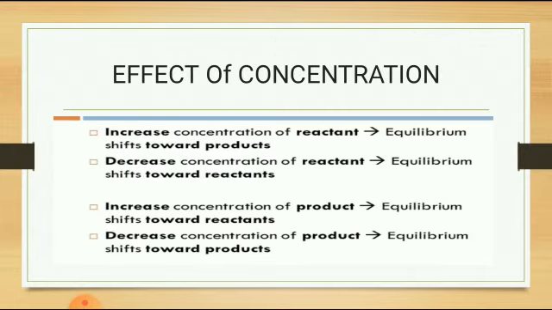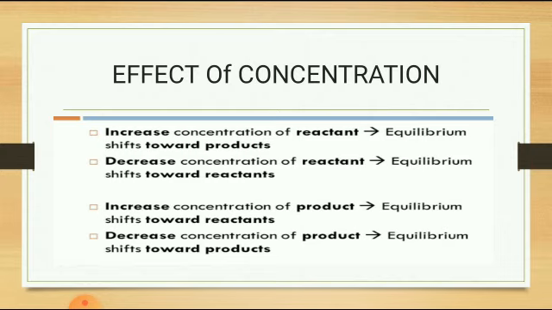Okay, now point number 1, effect of concentration. When we increase concentration of reactant, equilibrium shifts toward products, means more product formed. Next, if we decrease concentration of reactants, equilibrium shifts toward reactants, means reverse or backward reaction.